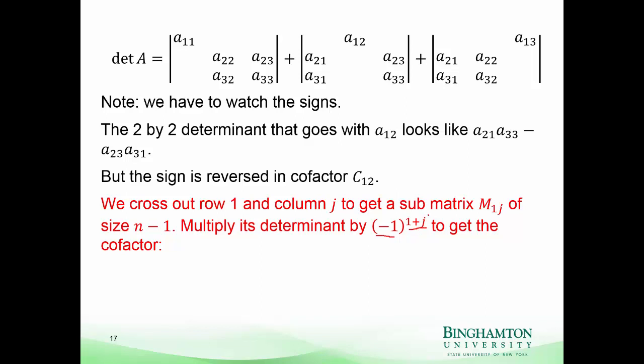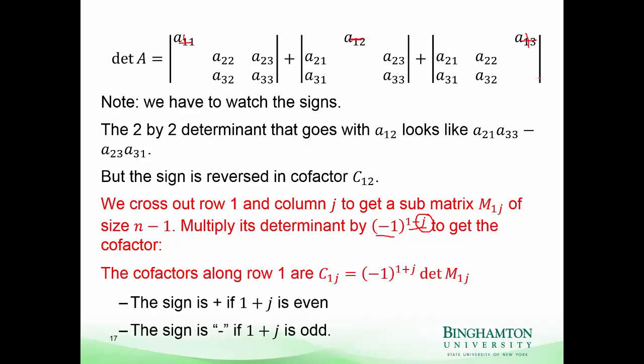So as I go through the j's, so as I go through the columns, when j is equal to 1, it'll be -1 squared. So this one gets associated with a plus, this one gets associated with a minus, this one gets associated with a plus. And if we had a bigger matrix, it would just keep alternating, plus, minus, plus, minus, and so on. So this is the formula for figuring out the cofactors, their arbitrary determinant value, and the proper sign to attach to it.